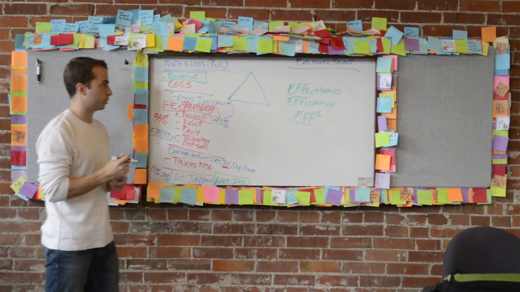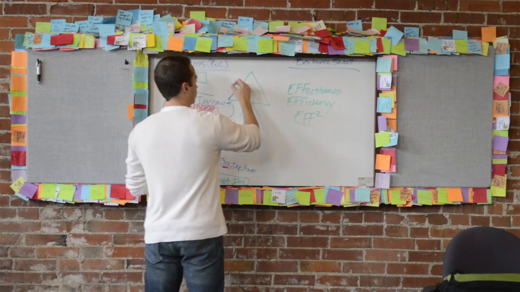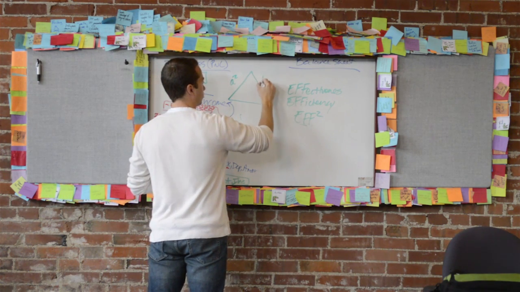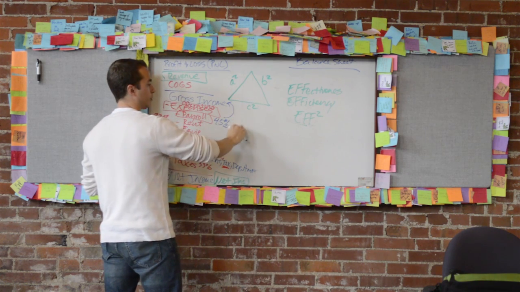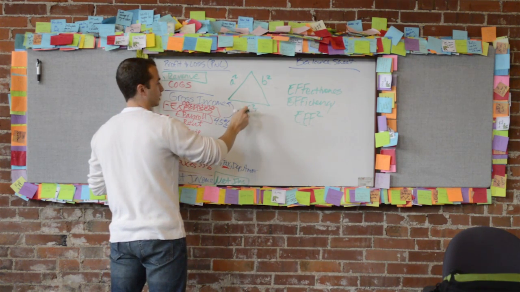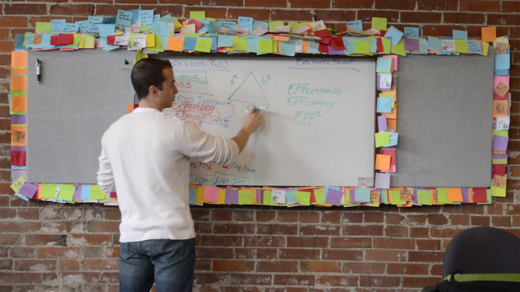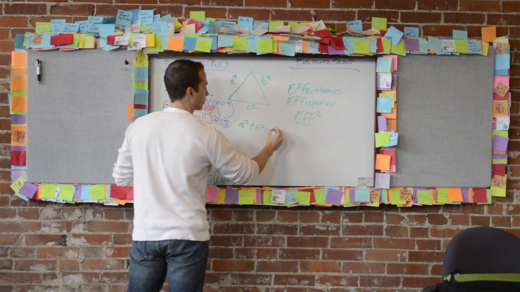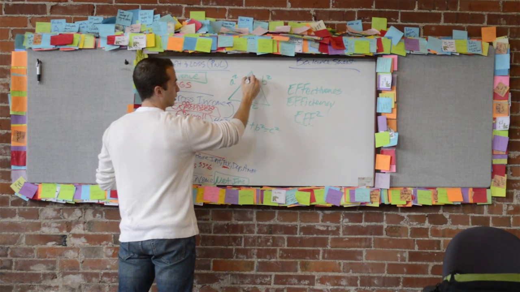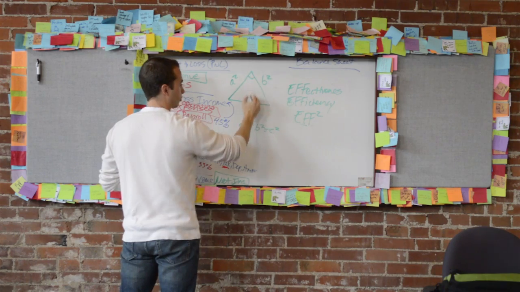You guys have heard the Pythagorean theorem, and so that's a squared, b squared, c squared. What the Pythagorean theorem says is that a squared plus b squared equals c squared. And so the hypotenuse is, if this is a right angle, it's the one that's across from that.